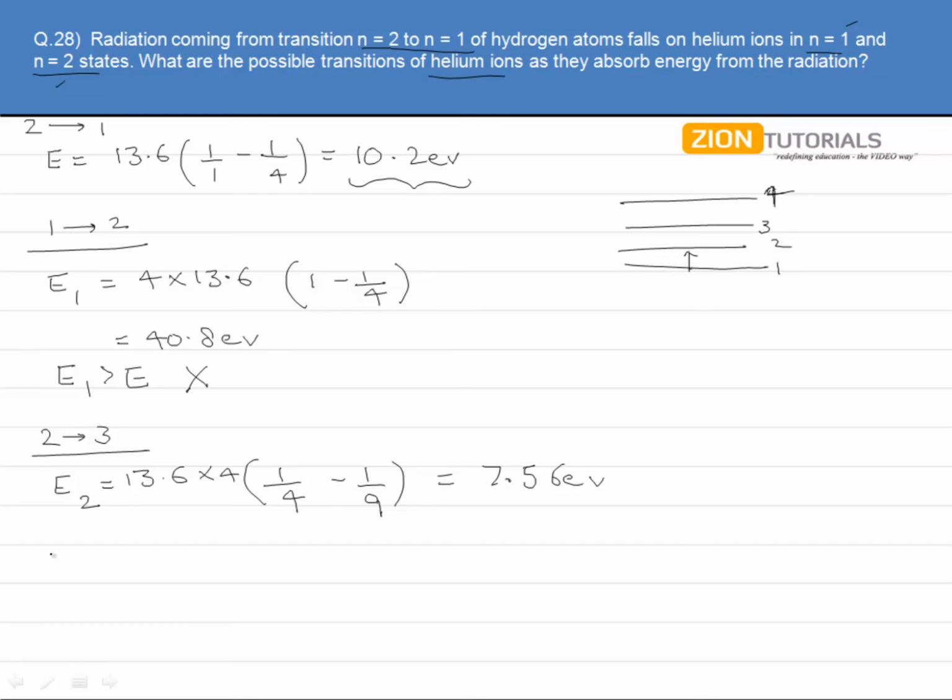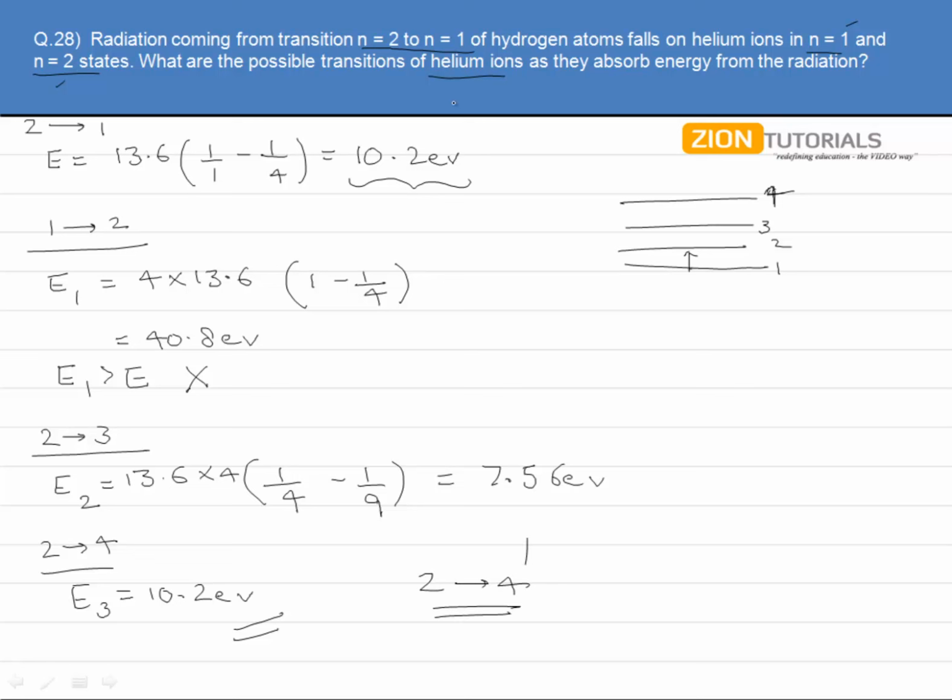So let us see the transition from 2 to 4. If you solve this, we get the energy gap E3 to be 10.2 electron volts, which means that it is actually the transition from 2 to 4.